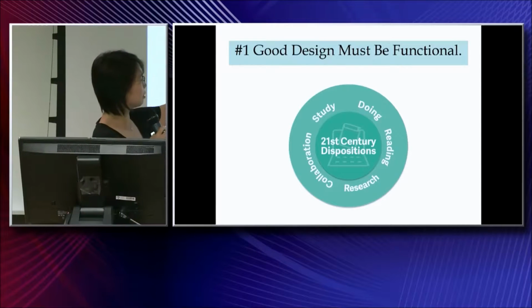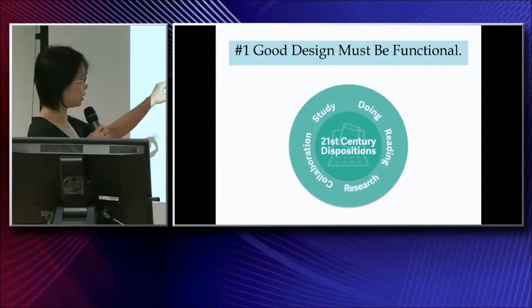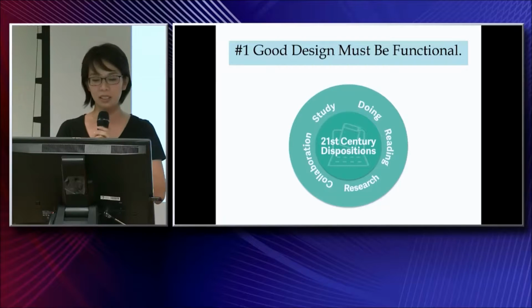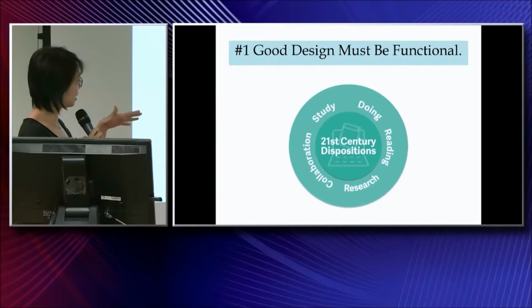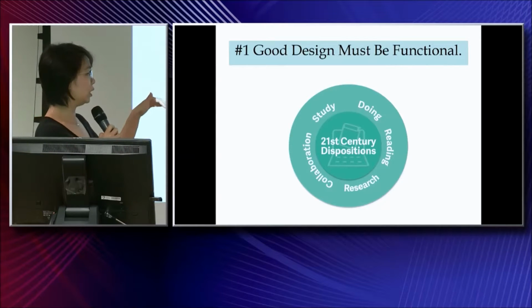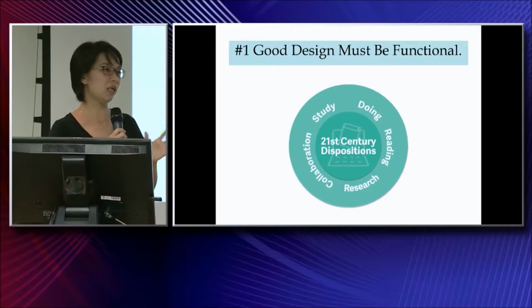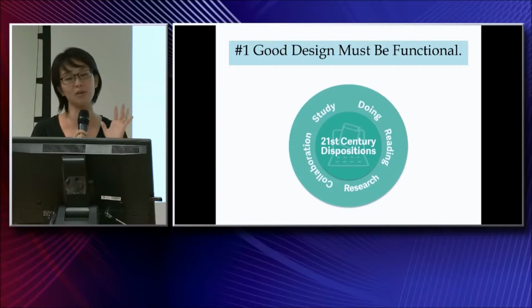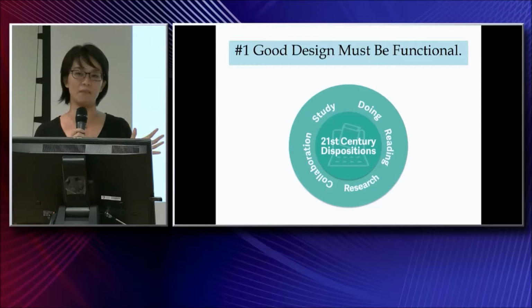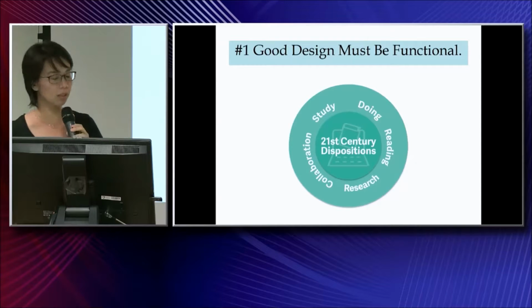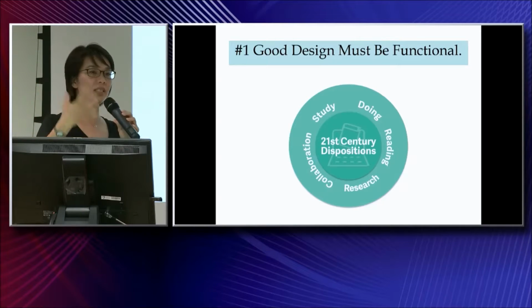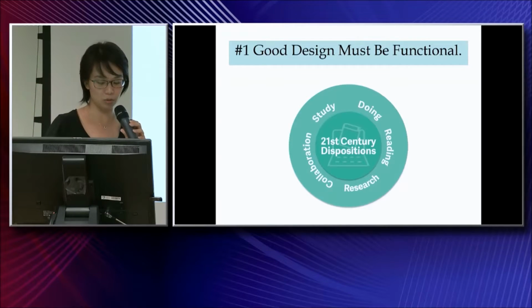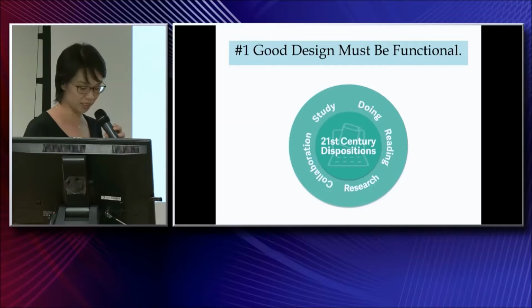So if you look at the outer circle, it has the words reading, research, collaboration, study, doing. So these are five kinds of spaces that the school library can be. I'm not saying that every school library needs to have that space, but certainly if we want to promote these kinds of learning in the school library, then we need to think about how these spaces work.